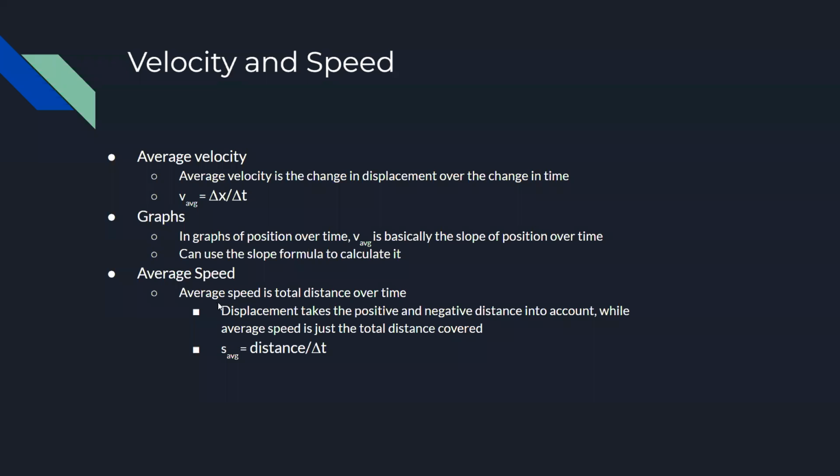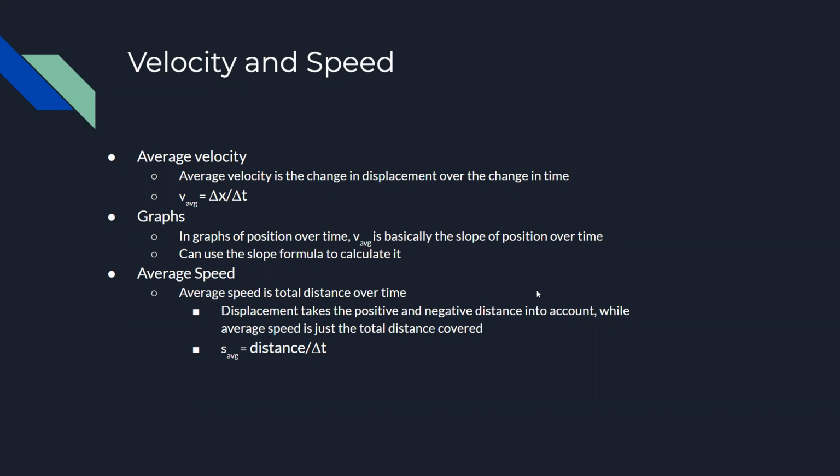Average speed is basically total distance over total time. Velocity denotes position and what direction it's in, while speed is just total distance. There's a difference between distance and displacement, because distance is just how far you went, while displacement takes into account how far you went in one direction, then how far you went in the other direction.